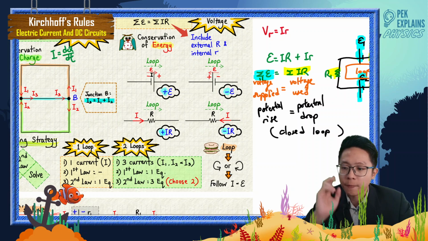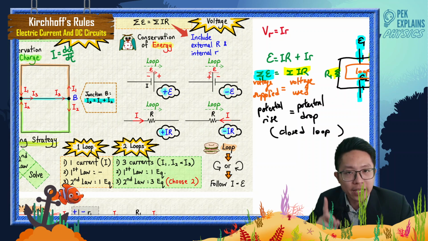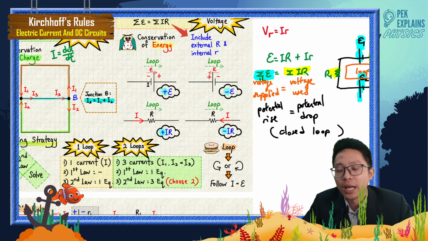So first of all, before you do this question, you need to label some directions. For the battery, you need to label the direction from negative terminal to positive terminal. The battery always has direction from negative to positive terminal.